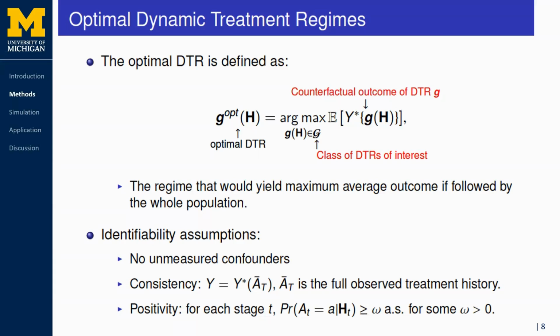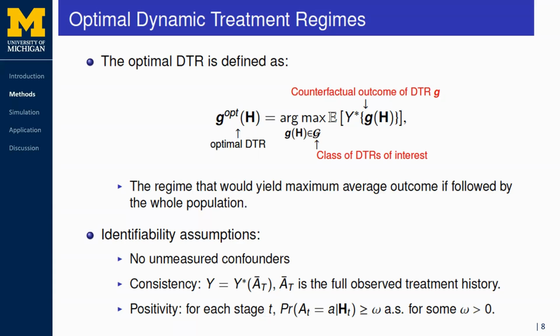And in order to have this identifiability, I need to have the following causal assumptions. The first one is no unmeasured confounders. That means given the existing data, there are no other variables confounding the treatment with the outcome. And then the other assumption I need is called consistency.